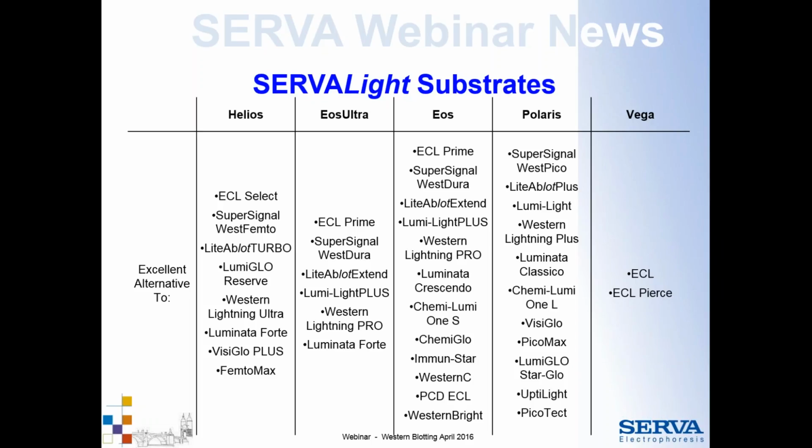So you can choose the appropriate SERVALight substrate. If you're already using another substrate in your lab and you are not happy with it because of performance or price or these things, and your substrate is not in this list, just send me an email and I will check what will be the optimal one for you. It's no problem to get samples and to test the substrate.